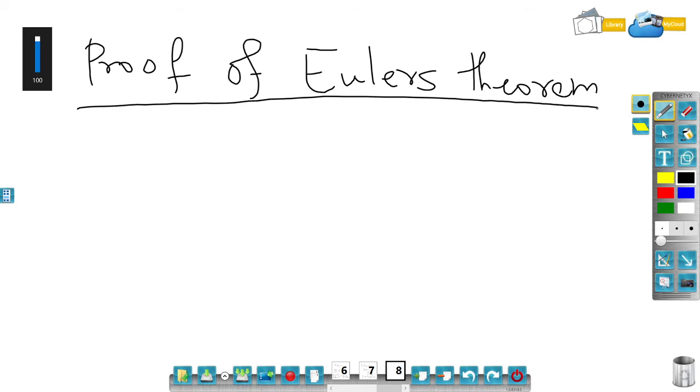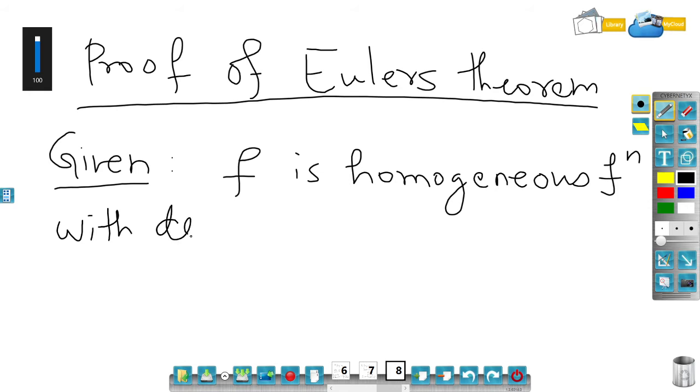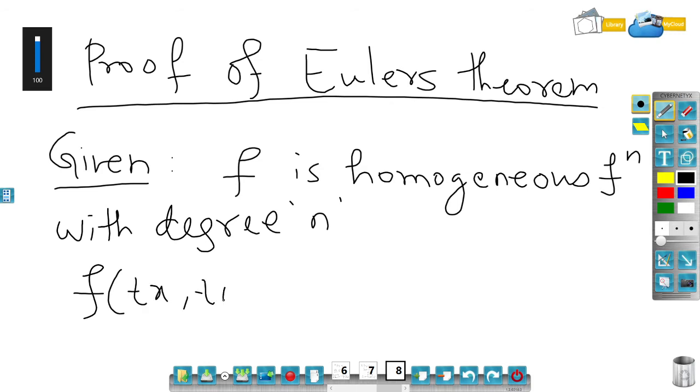Right. So it's a given fact that f is a homogeneous function with degree n. So f of tx comma ty is t raised to n f of x comma y, that we know.